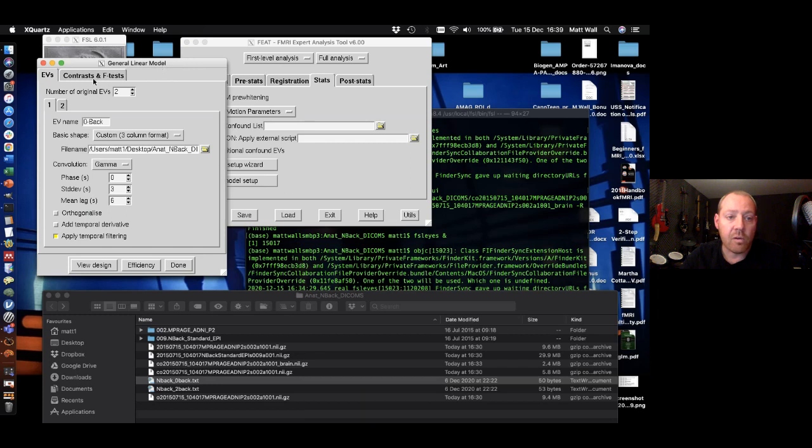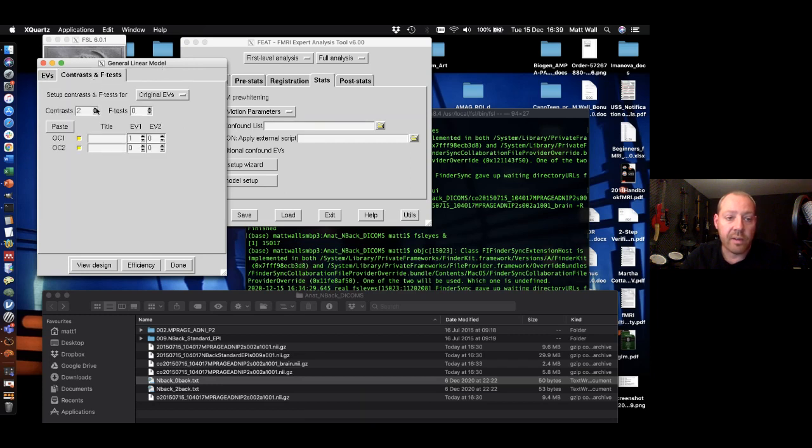And then we come to the contrasts. So the contrasts for this are pretty easy. So we're going to have 0 back, oops, 2 back, and the thing that we want to know about is basically which areas of the brain are more active in the 2 back condition than the 0 back condition. So let's call that 2/0.